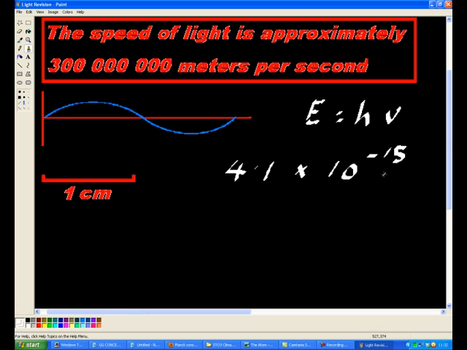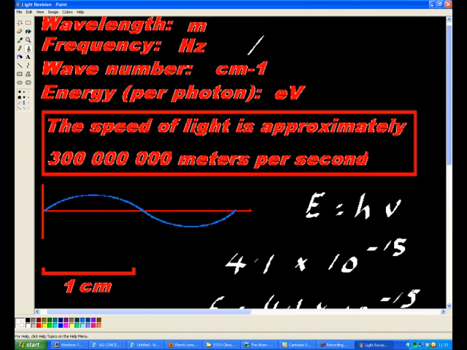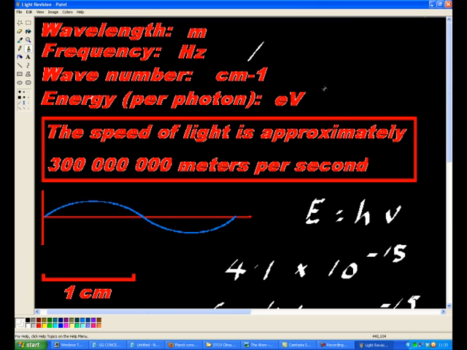The energy of one photon would equal 4.1 times 10 to the minus 15 electron volts. So let's just write it here: 4.1 times 10 to the minus 15 electron volts.